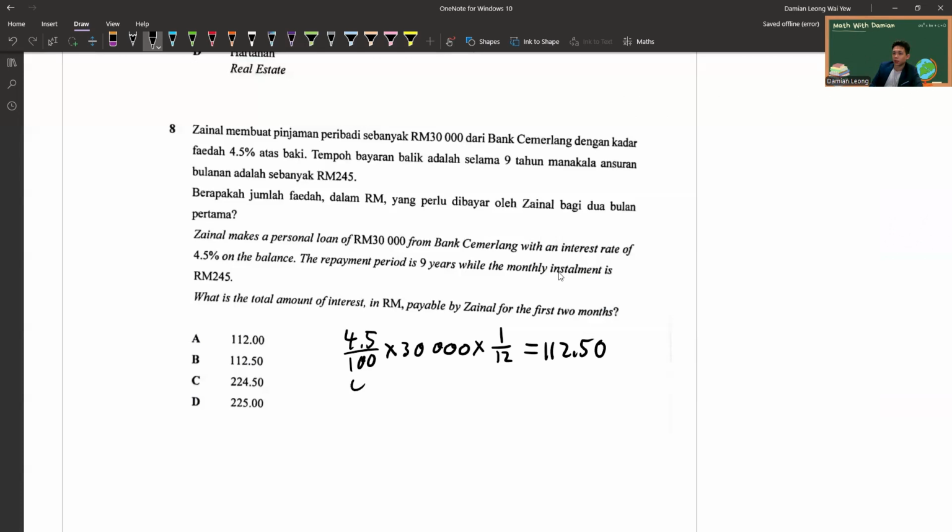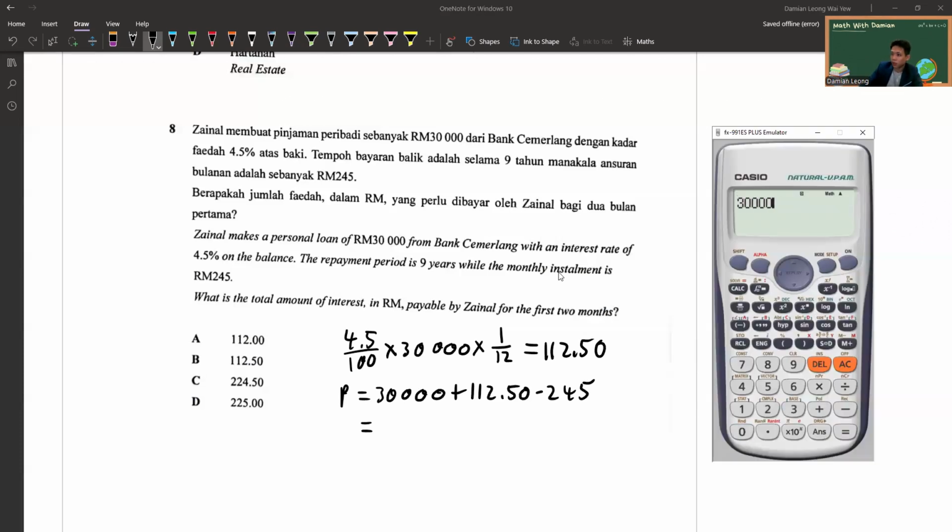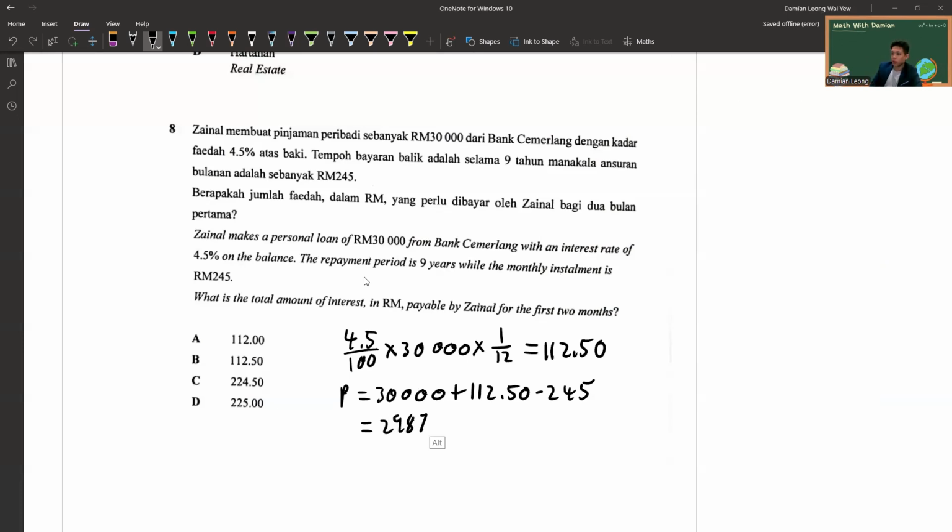For the second month, the principal would be 30,000 plus the interest, 112.5, minus the installment, 245. So 30,000 plus 112.5 minus 245 is 29867.5.